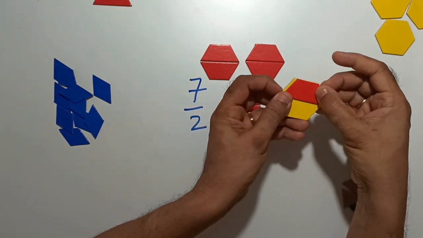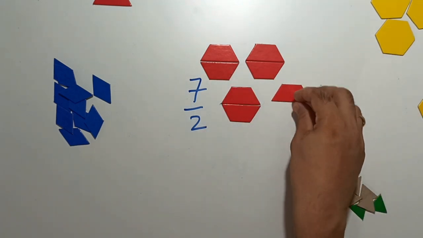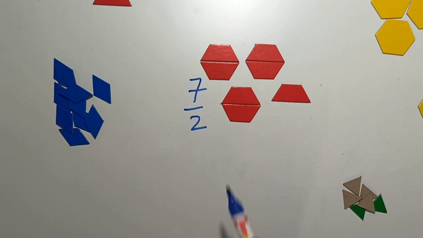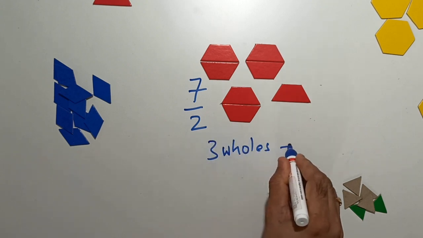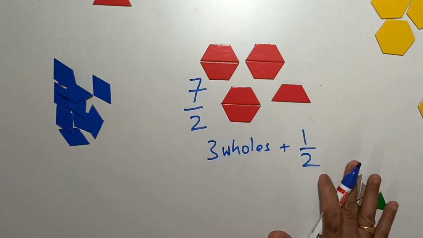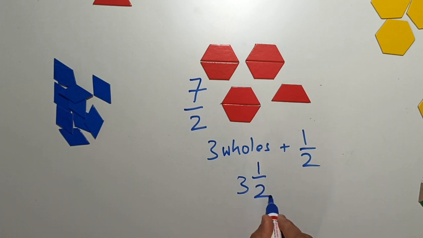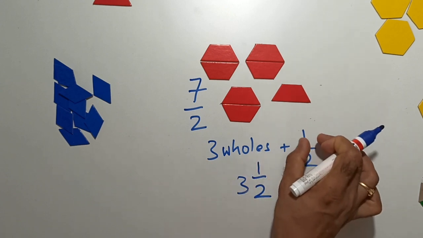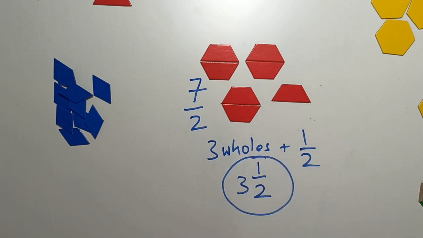I've got 3 wholes. And what fraction of a whole does this represent? This represents half of the whole, right? I've got only 1 piece out of 2 pieces. So I can write this as 3 wholes plus half, so we write this as 3 and 1/2. So 3 wholes and a half piece, we write it as 3 and 1/2.